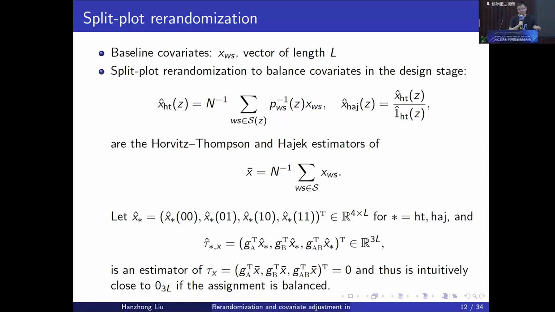Then intuitively, a balanced assignment will result in homogeneous S hat Z, such that the linear contrast of S hat Z should be close to 0 for a balanced design. Let tau hat star X denote the linear contrast corresponding to the main and interaction effects, then it is intuitively close to 0 if the assignment is balanced.